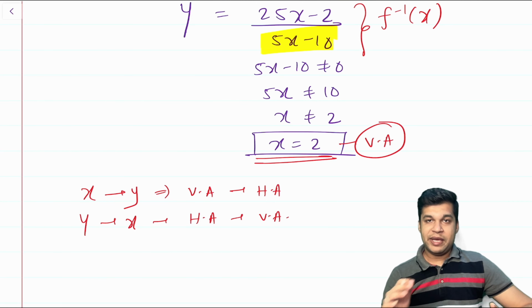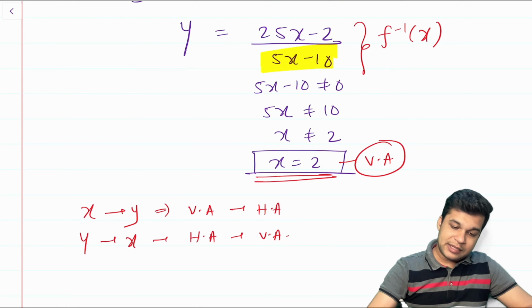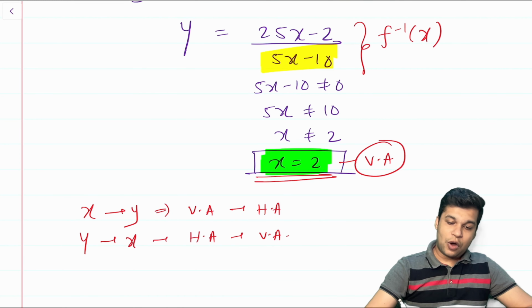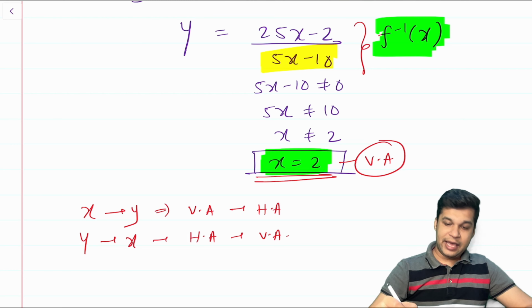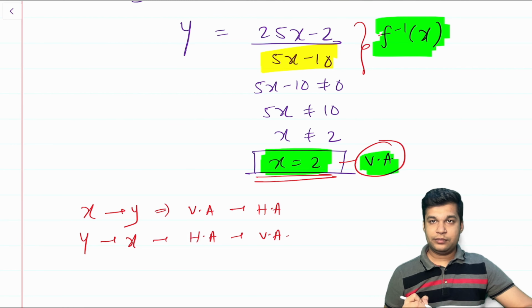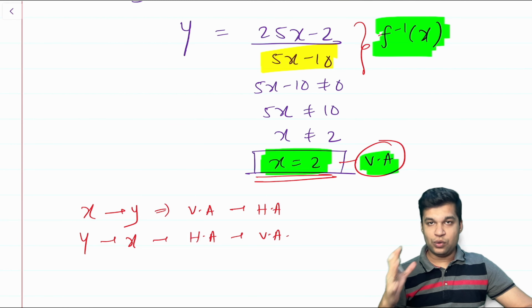So x equal to 2 on the f inverse graph is a vertical asymptote, a line parallel to the y axis.